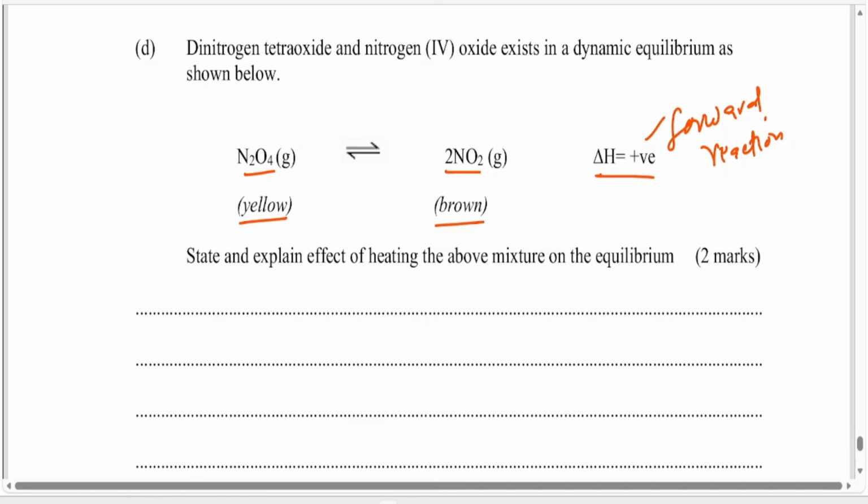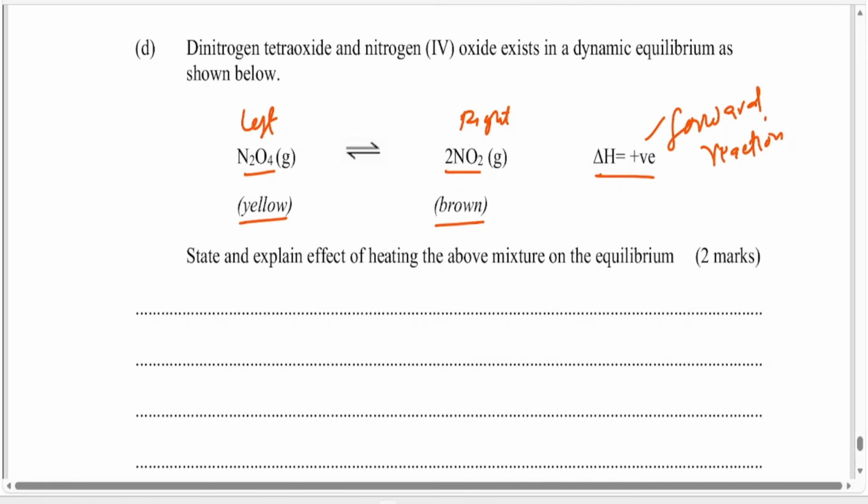So increasing temperature will make the equilibrium shift to the right. This is right, and this is left. If I increase temperature, the equilibrium will shift to the right, not left, because the forward reaction is endothermic.